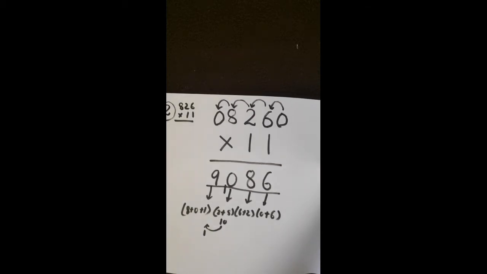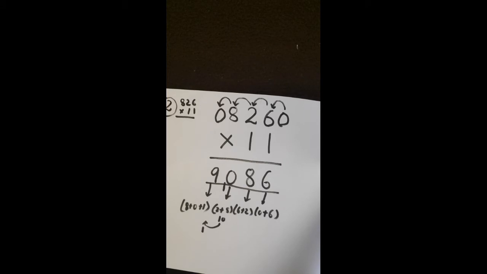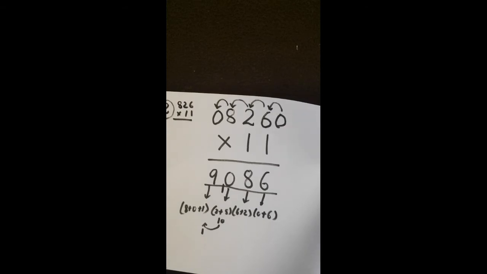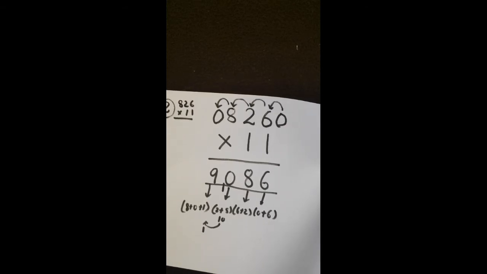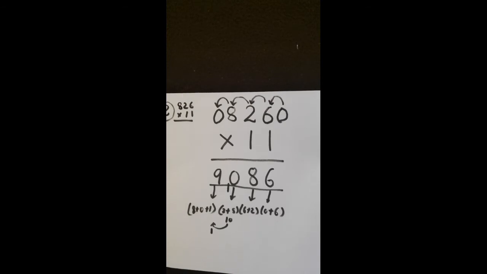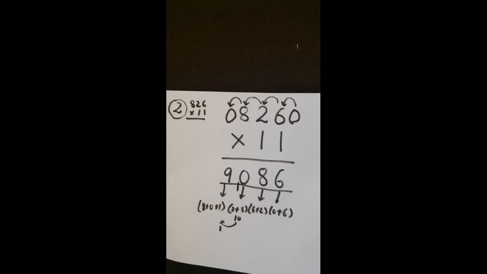That is, 0 plus 6 is 6, 6 plus 2 is 8, 2 plus 8 is 10, and carry 1 on the left, and that passes to the next: 8 plus 0 plus 1, that is 9. So the answer will be 9086. The answer of 826 into 11 will be 9086.